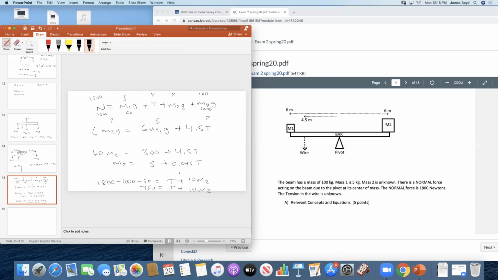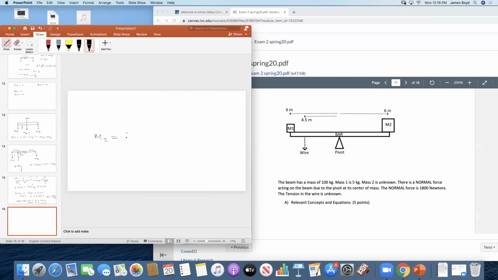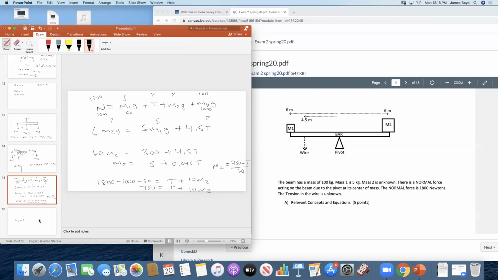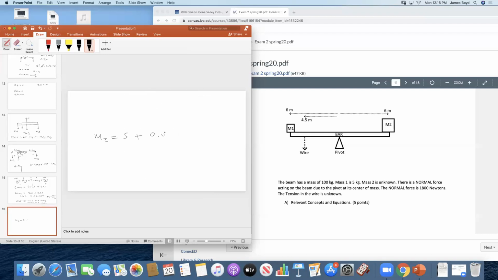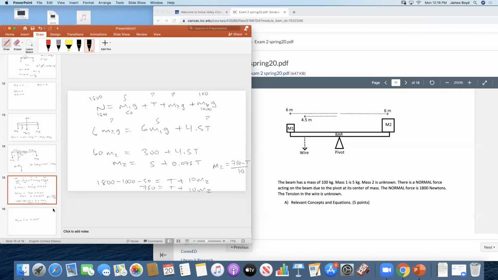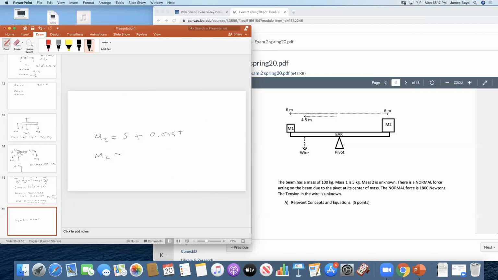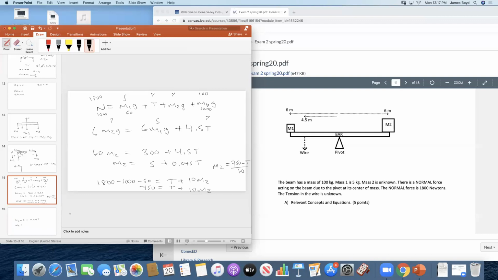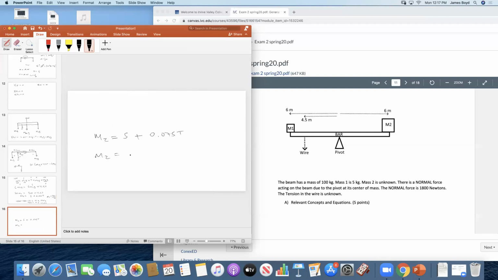And then you've got a few choices of how you can solve this. One thing you could do, let's solve this for m2. M2 would be 750 minus t all over 10. So I have M2 is 5 plus 0.075 t. And here M2 is 750 divided by 10. So 75 minus 0.1 t.